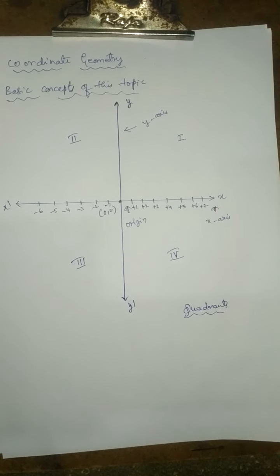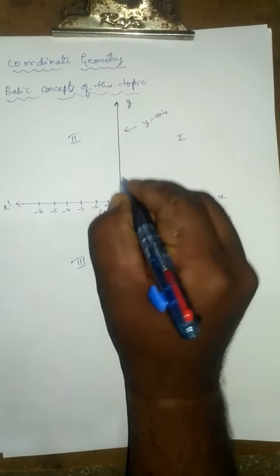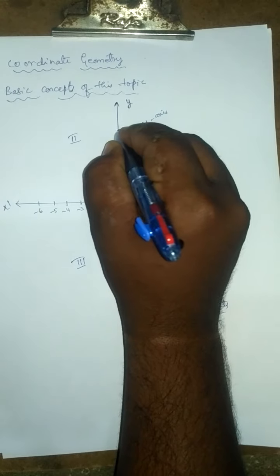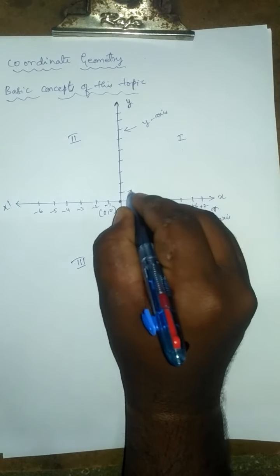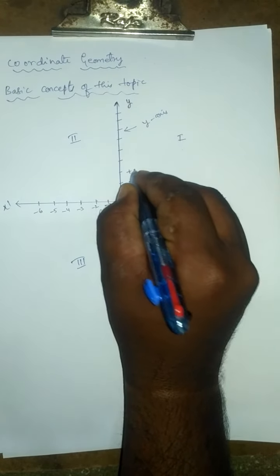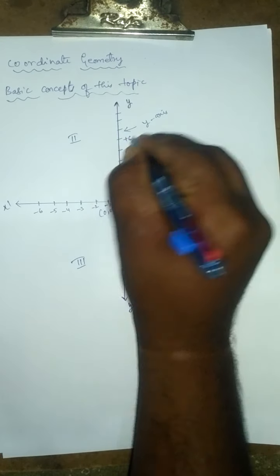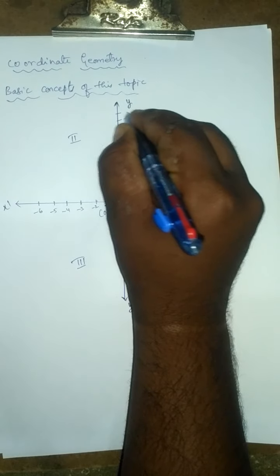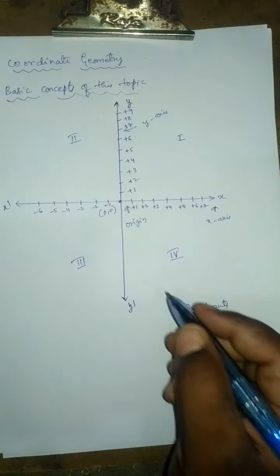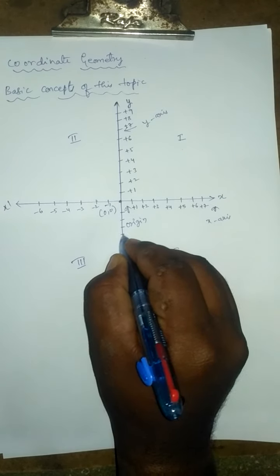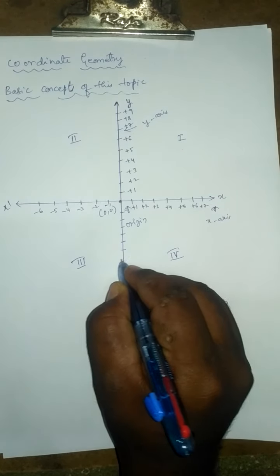Similarly, the y-axis possesses positive values above the origin. In the same way, downwards, the y-axis possesses negative values below the origin.